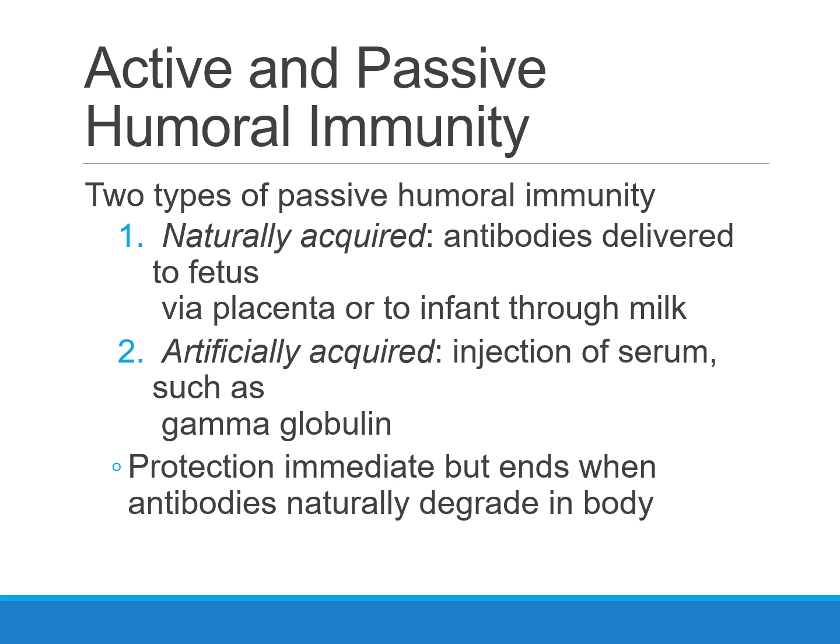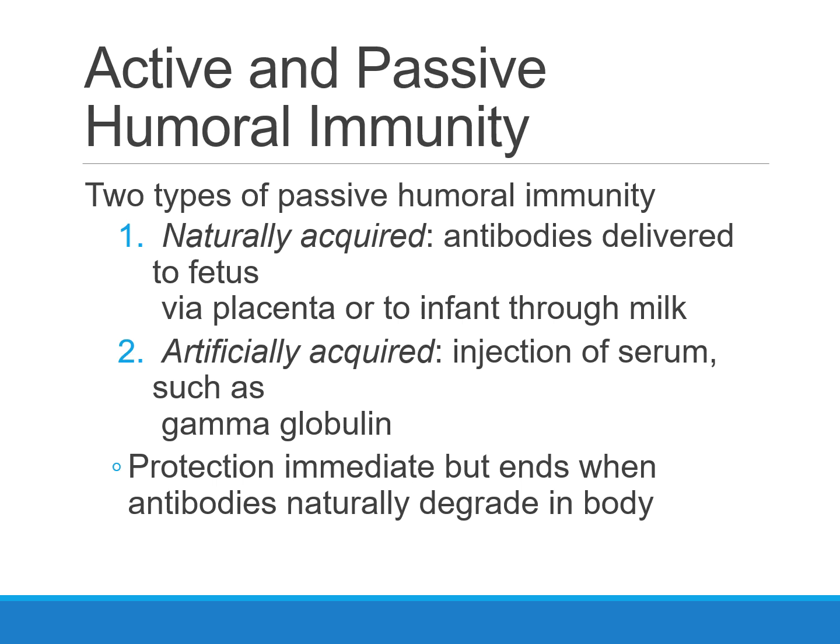This is where we're getting an injection like a gamma globulin shot that is giving us the antibodies that we need. So in some conditions like hepatitis A, it would take your body about 6 weeks to ramp up to the peak levels of antibodies that you need to fight the virus.